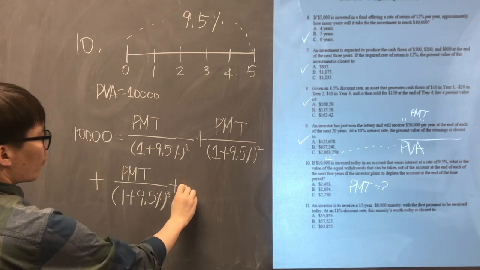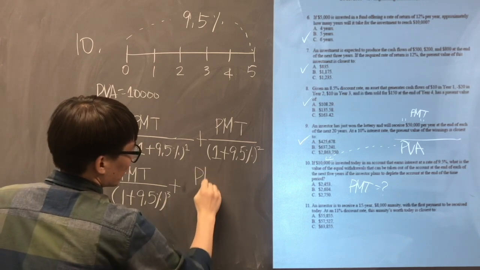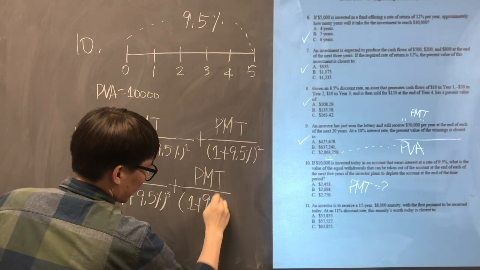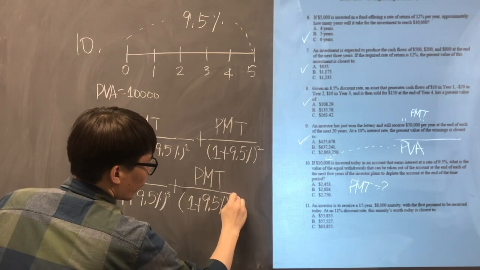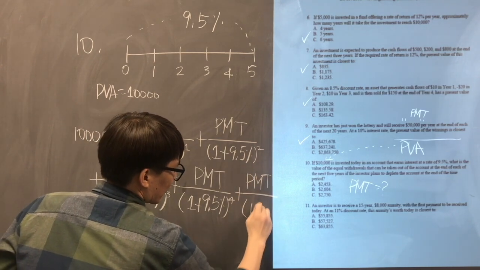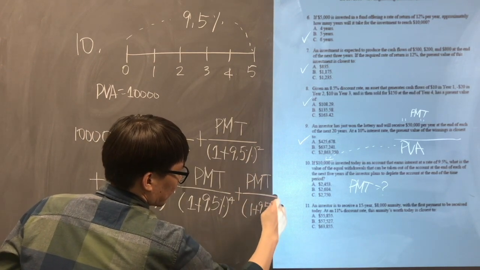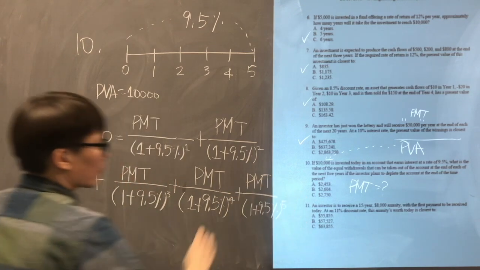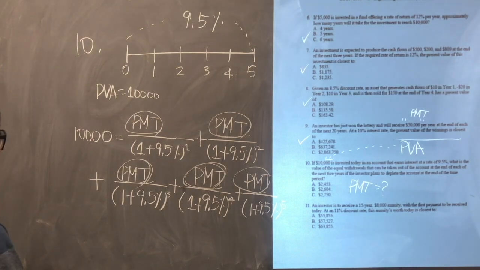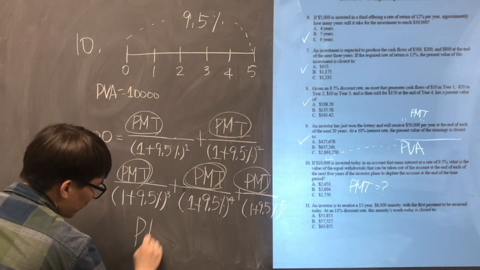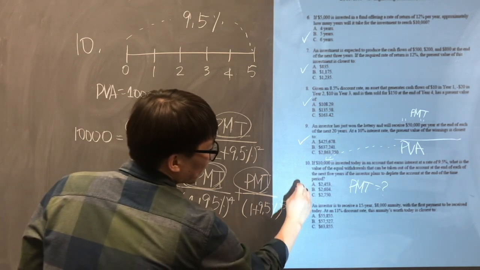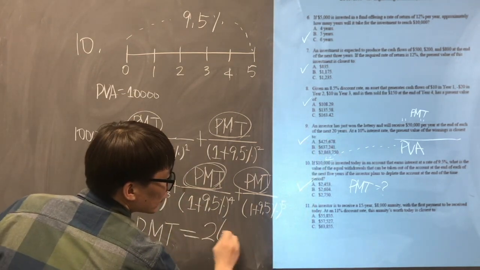Year 4. Okay, I will finish this one. Year 4. Year 5. Right? All PMTs are the same, right? So once we figure out the PMT, it equals what? 2, 6, 0.